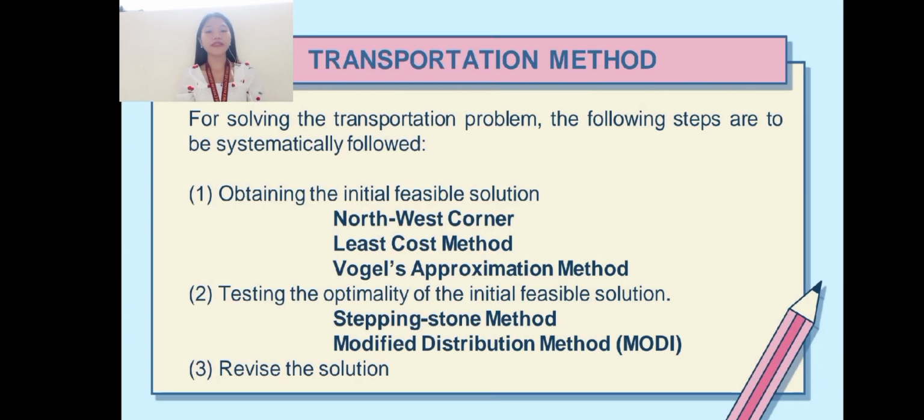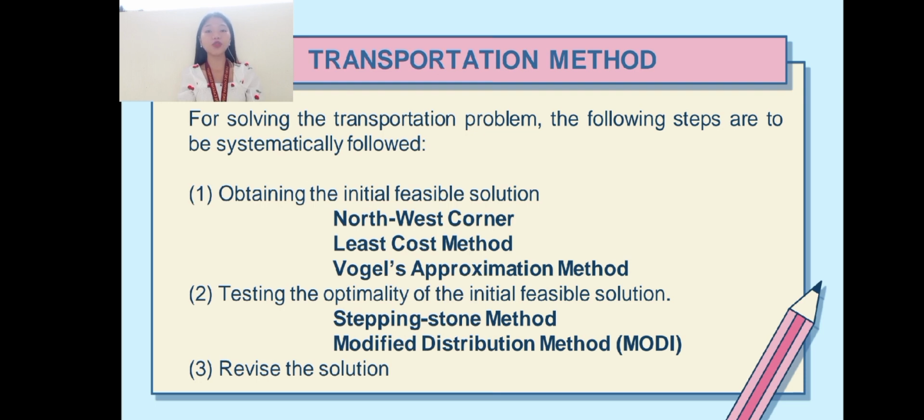So, for solving the transportation problem, the following steps are to be systematically followed. First, we have obtaining the initial feasible solution, which means identifying the solution that satisfies the requirements of demand and supply. Under this step, we have several methods through which the initial feasible solution can be obtained.